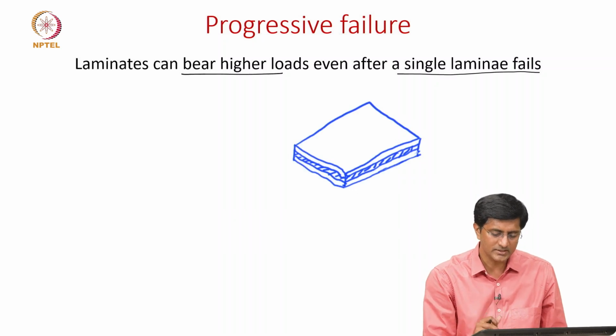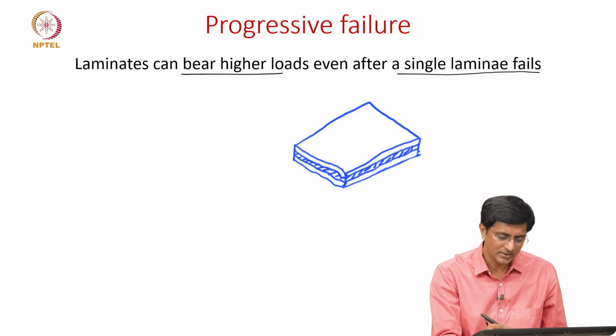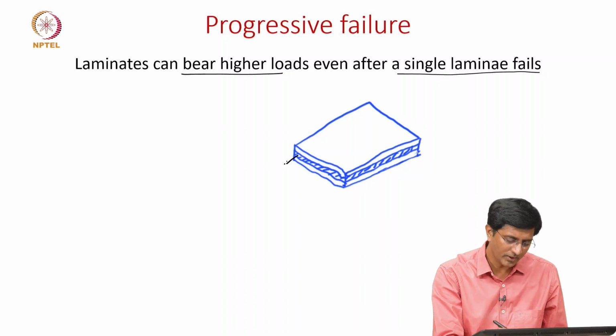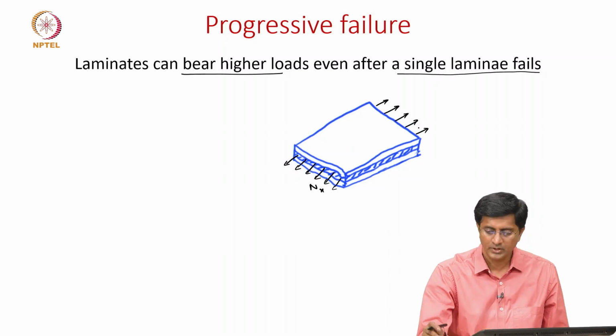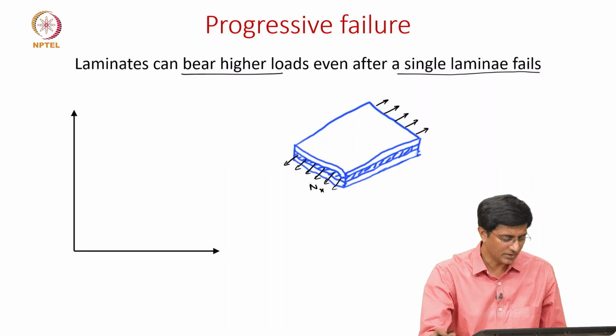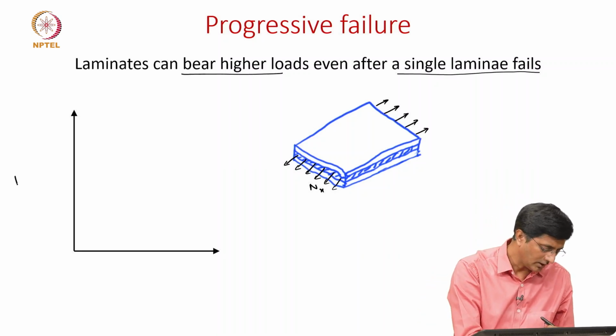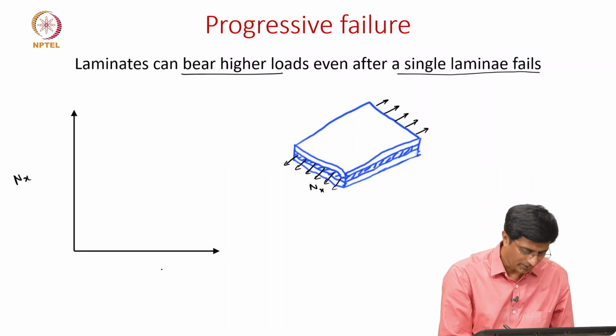So let's consider this laminate which has 3 layers, and for an example, let's say we are only applying Nx. What is Nx? These are the forces in the direction x. Now let's plot the relation between the Nx value and delta.